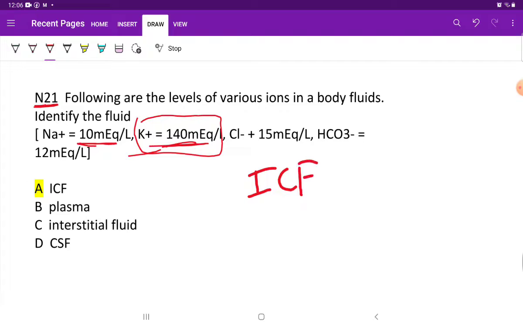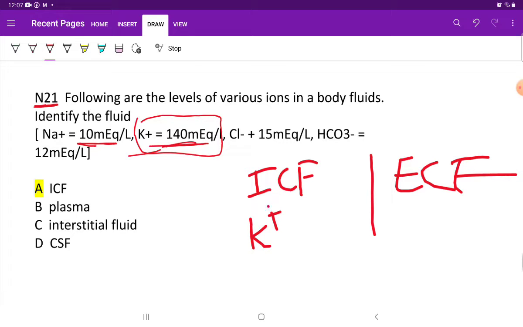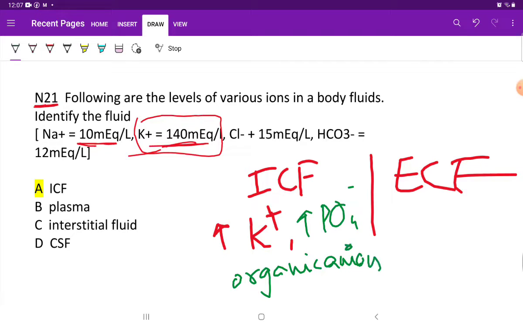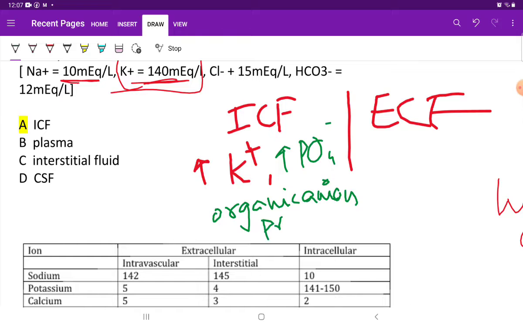ICF or ECF, which is high? It is higher in case of ICF. Potassium concentration is high in ICF. You can also take that phosphate concentration is also high, some organic anions are present, or proteins are also there.